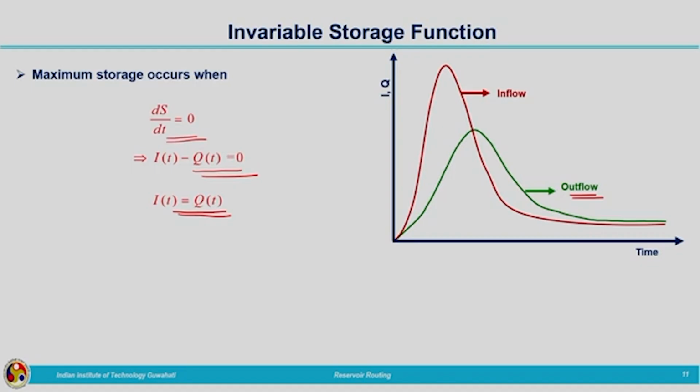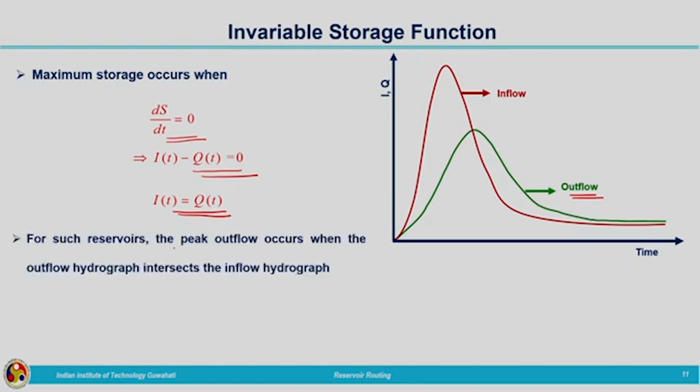So, where is this condition coming in the figure? Inflow is equal to outflow at the meeting point of two hydrographs. So, for such reservoirs, the peak outflow occurs when the outflow hydrograph intersects the inflow hydrograph. That we can conclude from this relationship, I_t is equal to Q_t. When we are observing the curves, we can understand that I_t is equal to Q_t at the meeting point of these two curves.